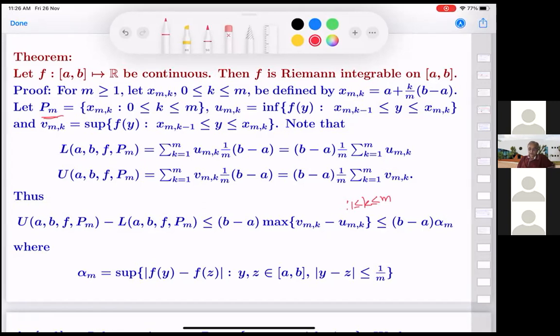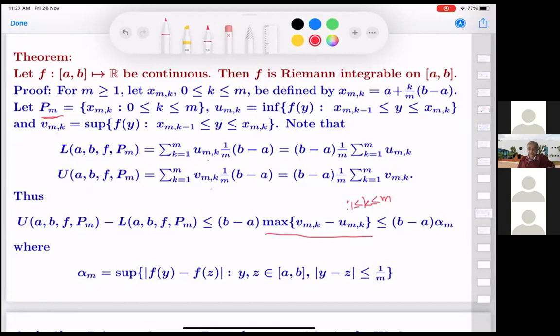And since the partition is equally spaced, the length of each subinterval is equal to 1 over m times b minus a, and therefore it is just simply the maximums and the minimums on each of those intervals. And we subtract the two and then take the maximum. So it is less than or equal to b minus a times this maximum.